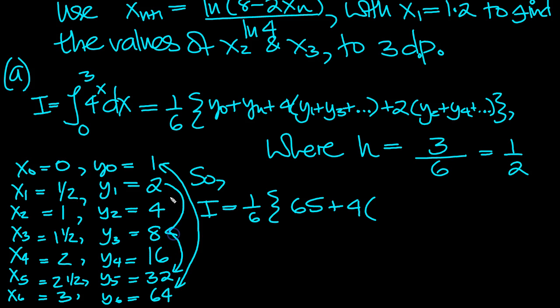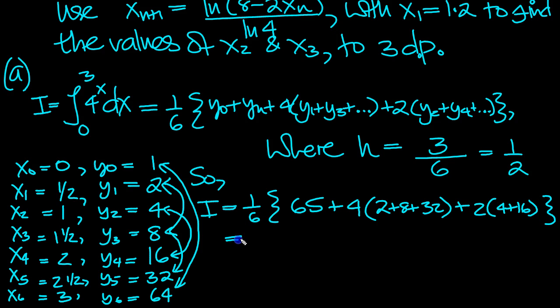So those can go together: 2 plus 8 plus 32. And then 2 times all the evens in between, so that's this one and this one, 4 plus 16. Write it out long-windedly so we can see the workings.